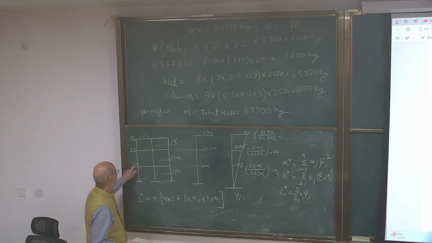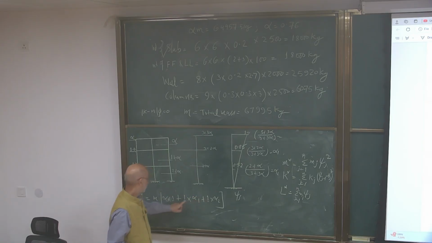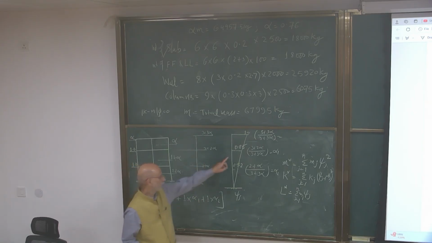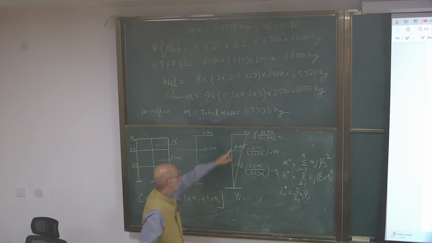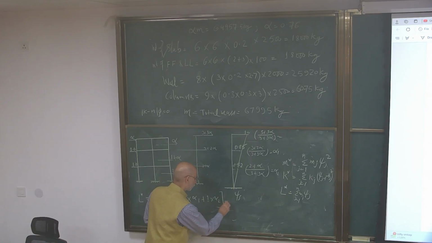This is mass m1, this is 1 mass, alpha mass, okay? So this alpha 1 is 1, top is 1, okay? This alpha 1 is 0.86, this alpha 2 is 0.52, okay? So you can get this.